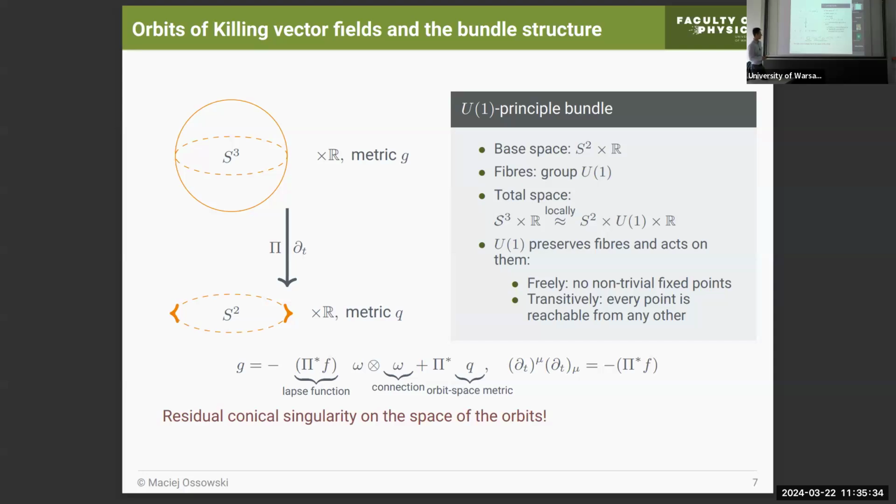So first of all, this one form omega is actually proportional to the U1 connection of this bundle, and this Q metric is a metric induced in the base space, which is just the space of the orbits of d over dt.